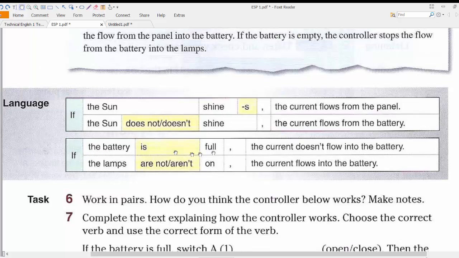If the battery is full, comma, انتهى الشرط. If the battery is full, the current doesn't flow into the battery. If the lamps are not on, the current flows into the battery.